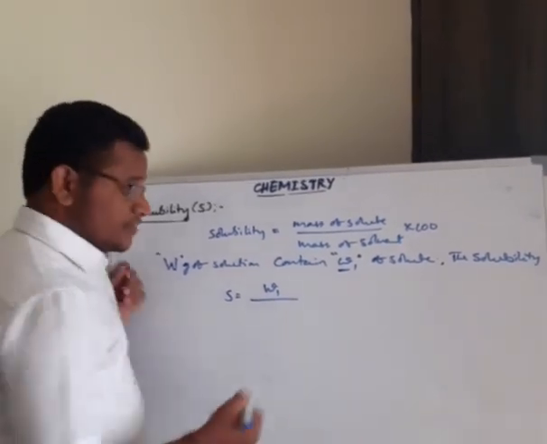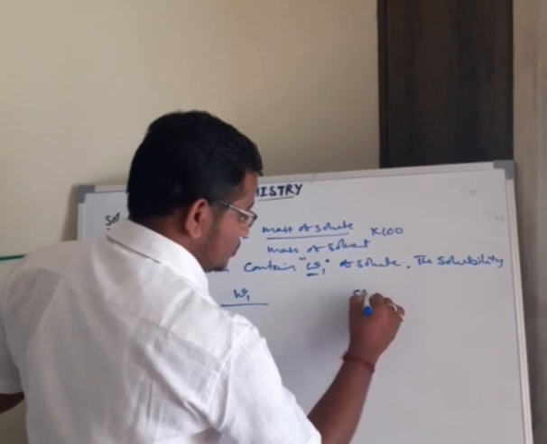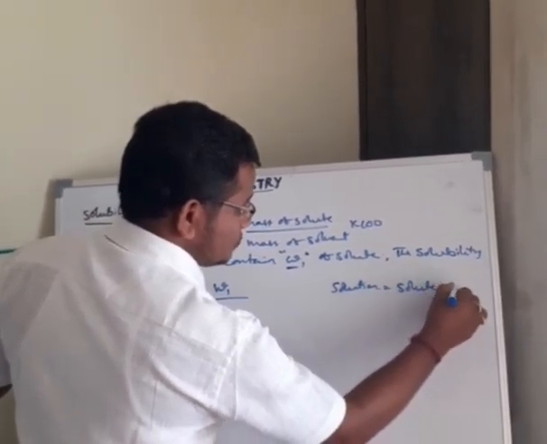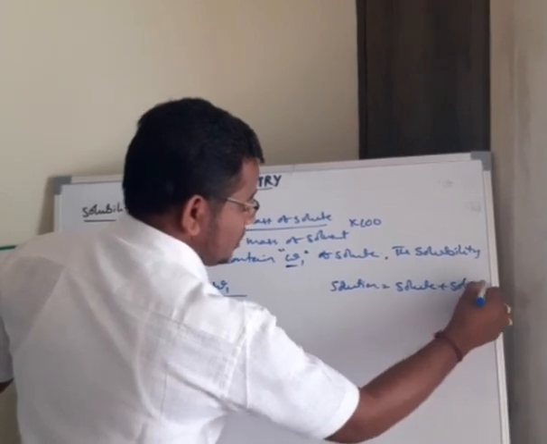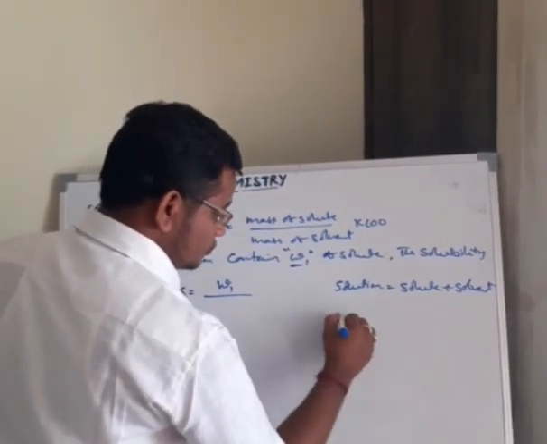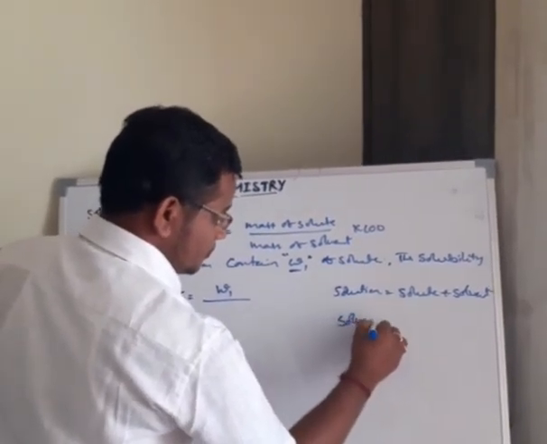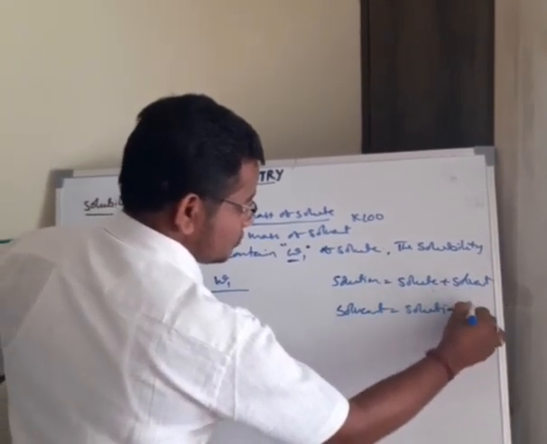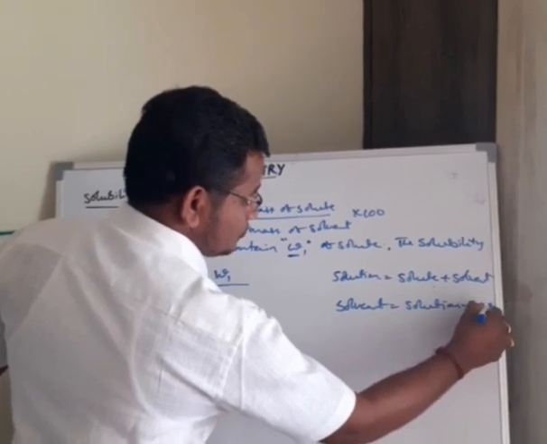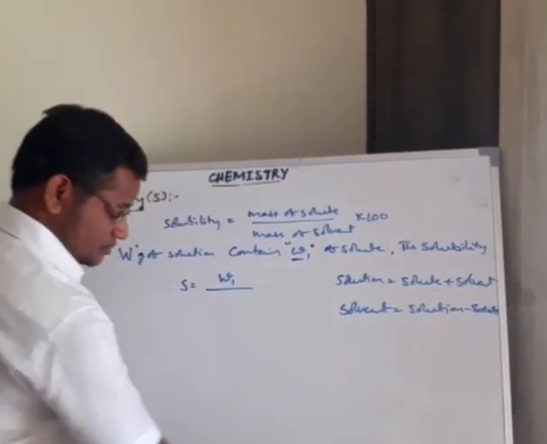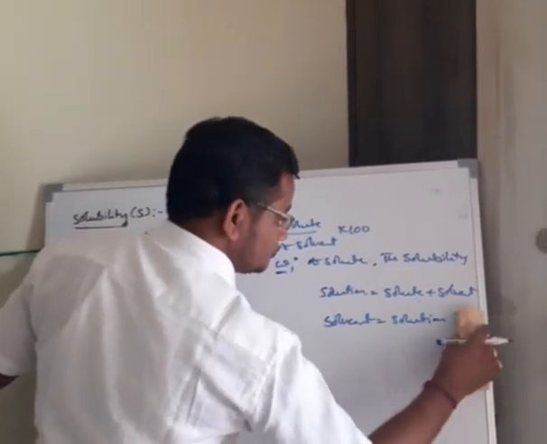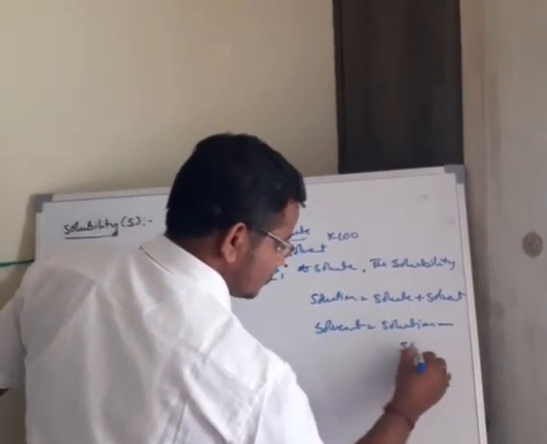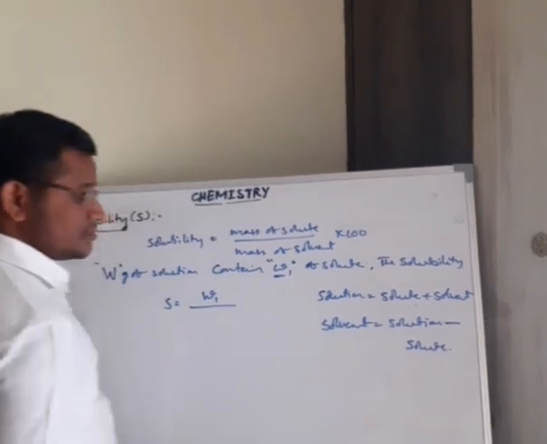Then how to obtain the solvent? Here the solution contains solute plus solvent. Then we take solvent is equal to solution minus solute. Solution minus solute, that is the solvent.